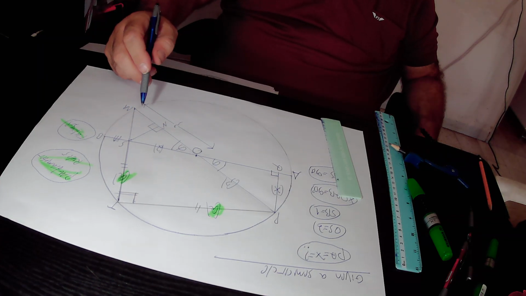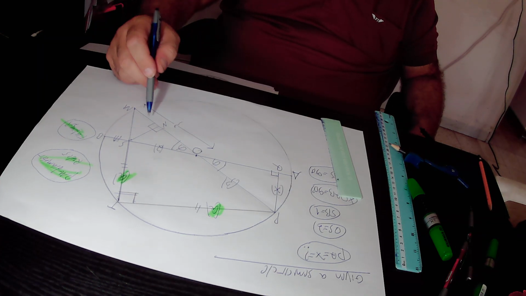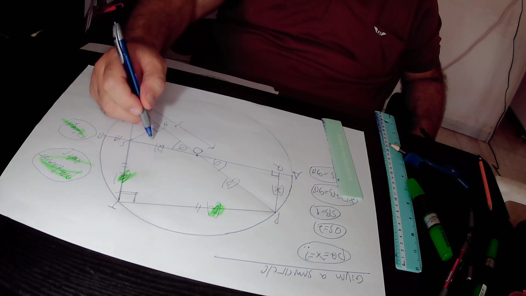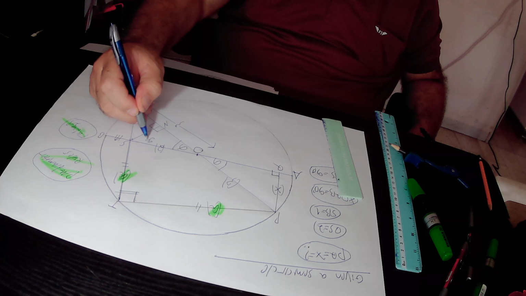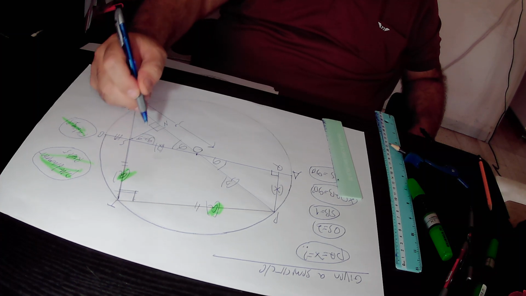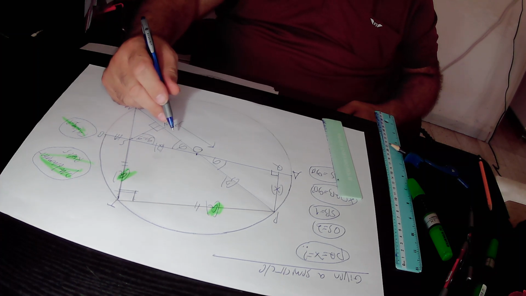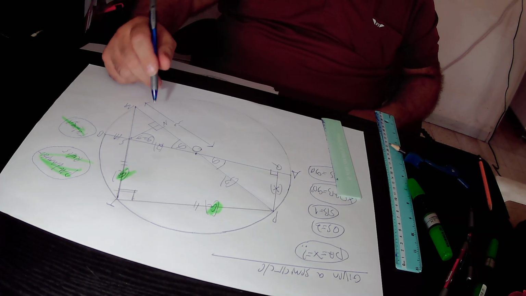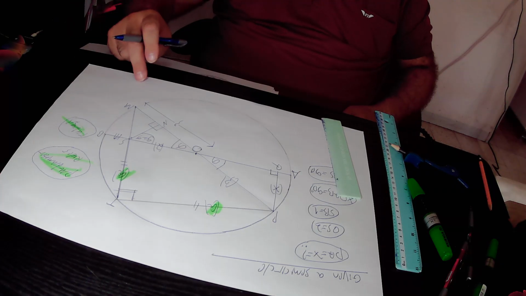So in the right lower triangle SON, this angle equals alpha, this angle equals 90 degrees, and therefore this remaining angle must be equal to 90 degrees minus alpha. Why? Because 90 degrees minus alpha plus alpha is 90 degrees, and 90 degrees plus 90 degrees is equal to 180 degrees. That is the sum of the angles in any triangle.